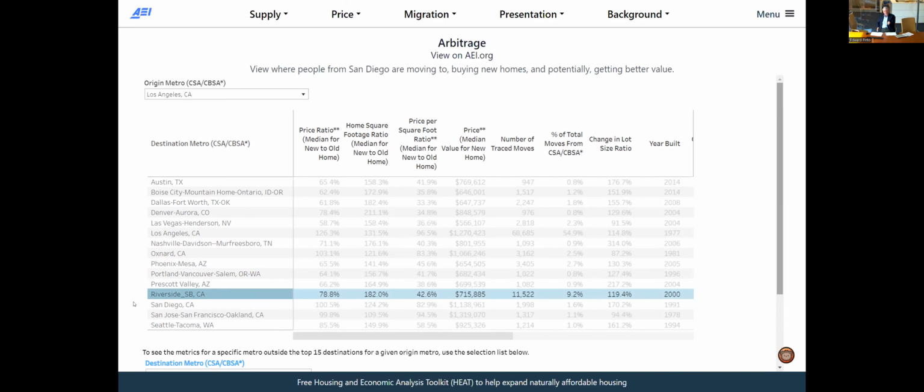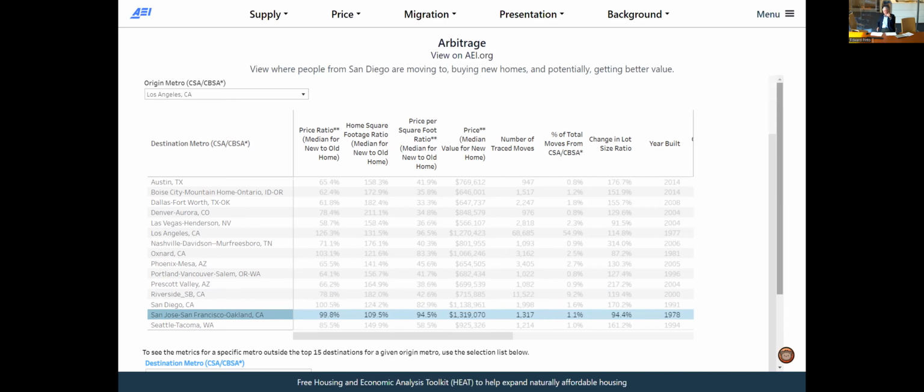They were arbitraging the price difference per square foot between LA and Riverside. If we were to look at San Francisco, San Jose, we'd find that you can move anywhere in the United States and arbitrage to a lower price per square foot, bar none, because San Francisco, San Jose is the most expensive in the country. LA is not too far behind.